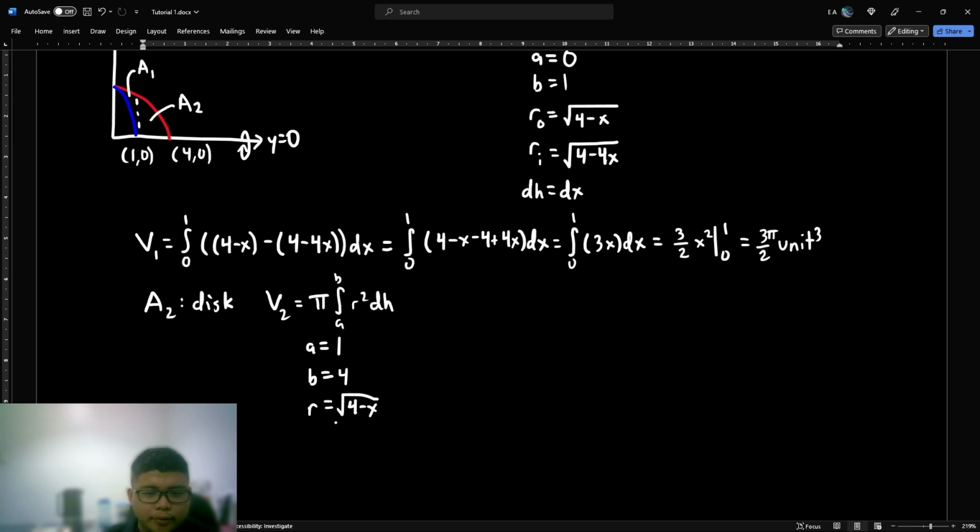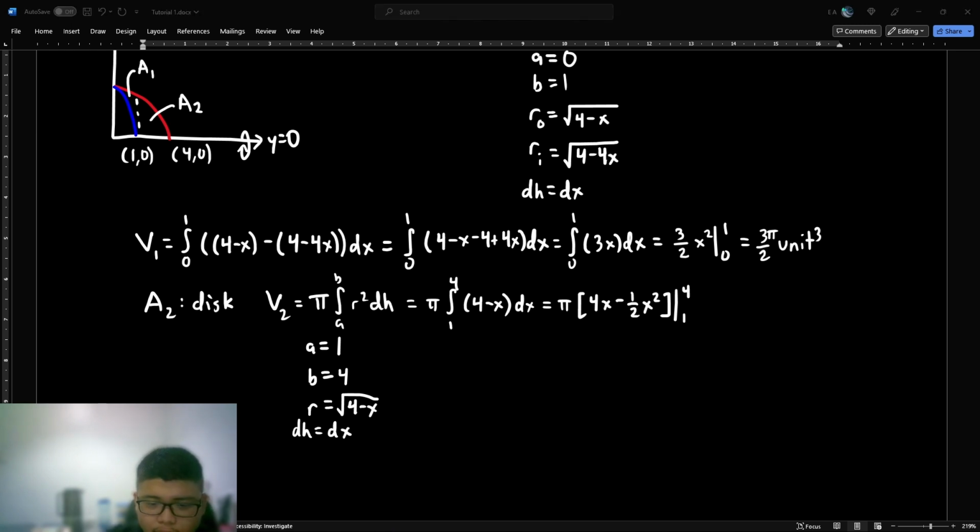We take the square root. And finally, dh is simply dx. Substituting, we're going to get pi times the integral from 1 to 4 of 4 minus x, since it's going to be square root squared, dx. This is simply going to be pi times 4x minus 1/2 x squared, evaluated from 1 to 4.